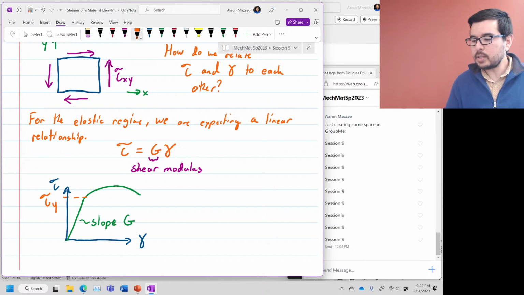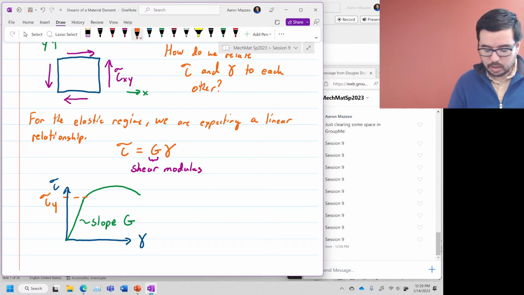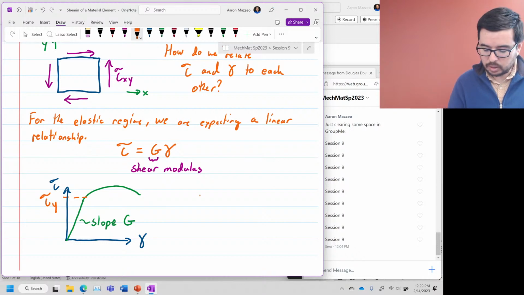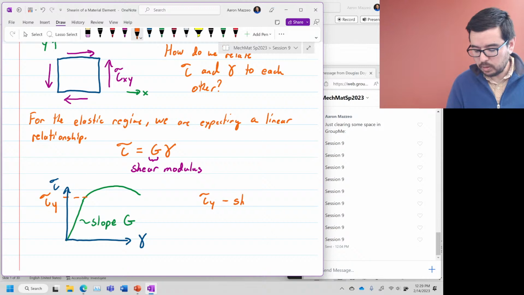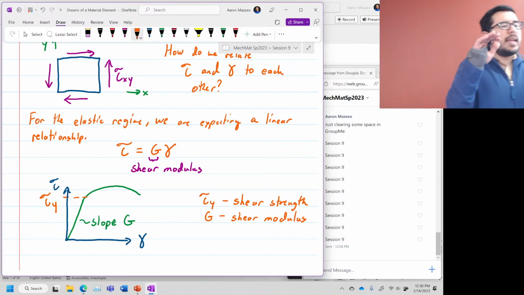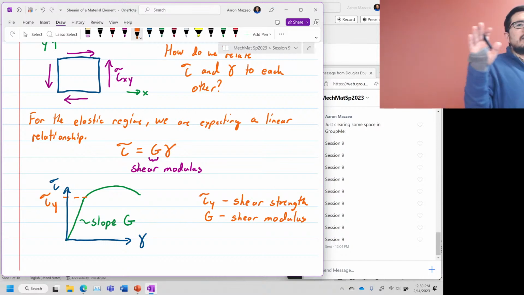But for us, we're essentially saying that with two parameters, okay, the main two parameters are going to be your shear strength and your slope or shear modulus. Any questions on that? So, yeah, any questions?